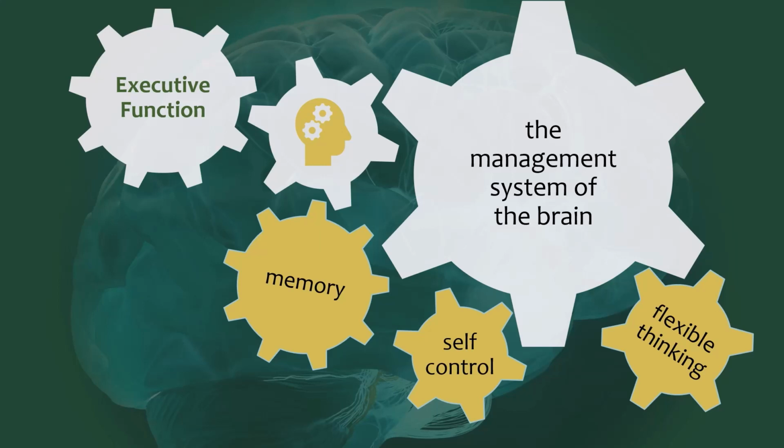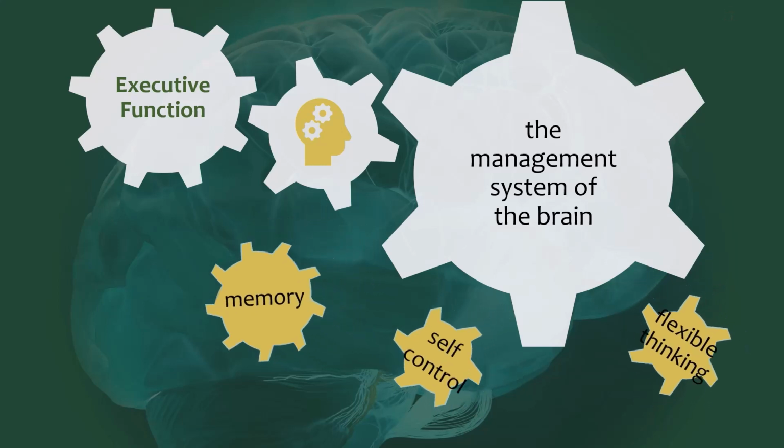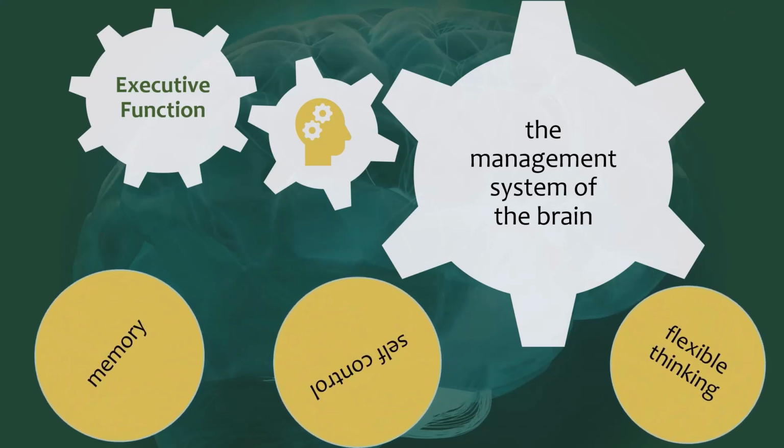But for people with executive function disorder, those gears don't fit together the way that we might expect, so these tasks are not managed by executive function, which means that all of these executive function tasks are so much harder to do than neurotypical people might expect.